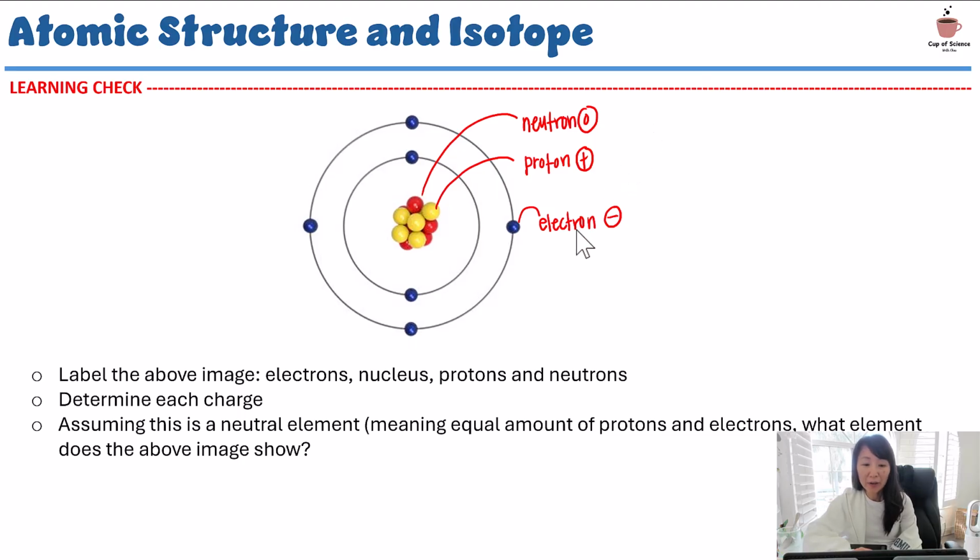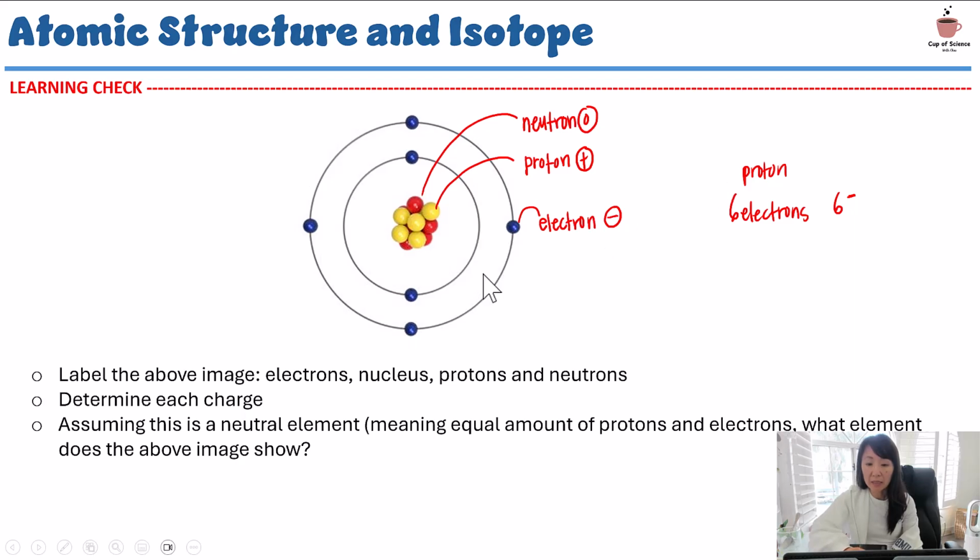Now, how do I know what element this might be? The electrons, there are 1, 2, 3, 4, 5, 6. There's a total of 6 electrons. That means there are 6 negatives here. Well, proton is actually the determination of what the element might be.